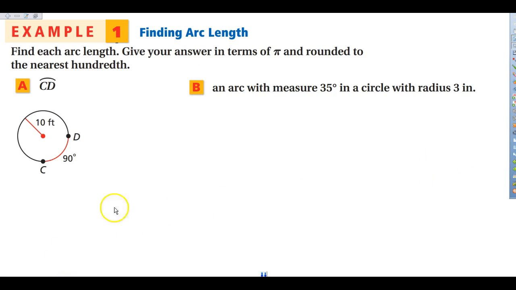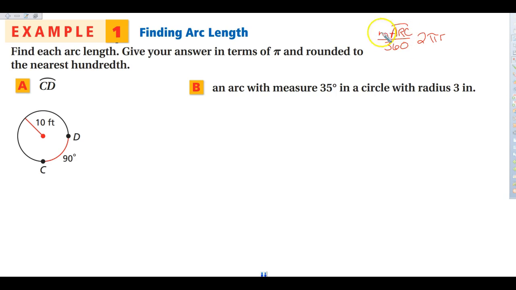All right. We're going to start by taking a look at arc length. When I look at my formula for arc length, the way that I tend to write it is the measure of the arc over 360. And then we multiply that by, since we're doing arc length, 2 pi r, which is our circumference.